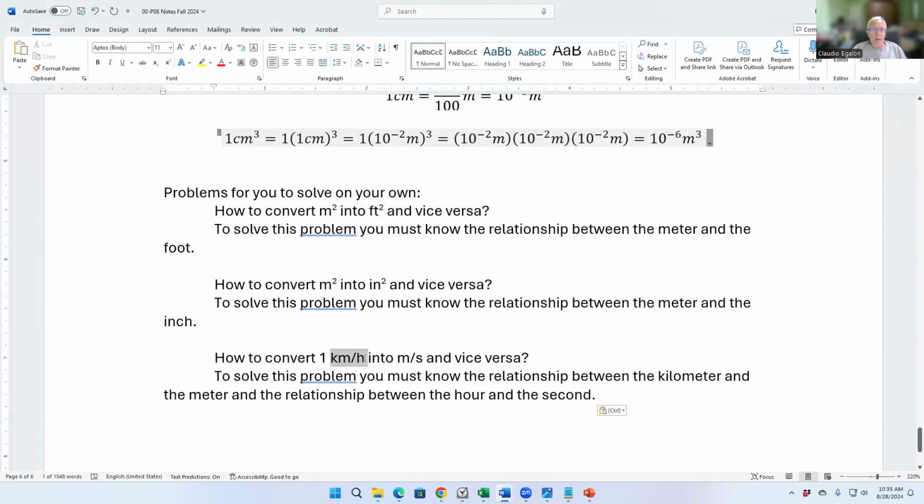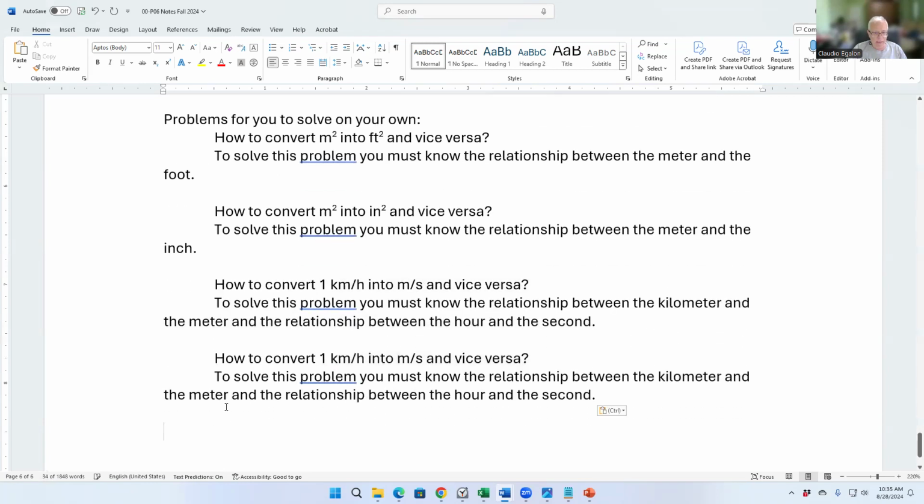How to convert 1 kilometer per hour into meters per second and vice versa. Okay. And then there are a bunch more exercises that I can do for you, like how to convert 1 mile per hour into meters per second, right? And vice versa. Okay. And that's what I want to do for this part.